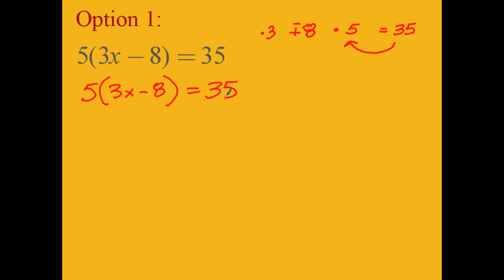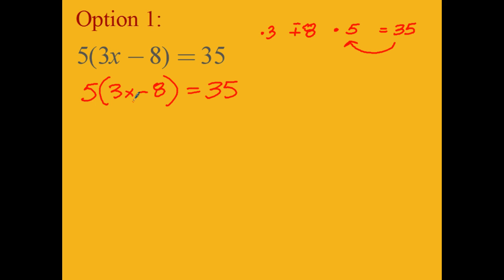Basically what I'm saying is there are 5 of these groups, right? So if I have 5 of these groups and a total of 35, if I divide by 5, I can figure out how much this one thing is. Instead of 5 of them equal 35, one of these is worth, if we divide by 5, 7.